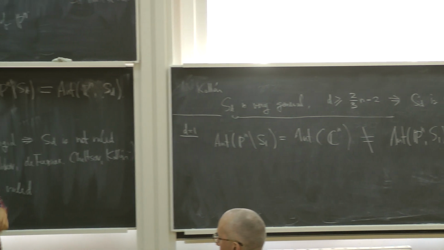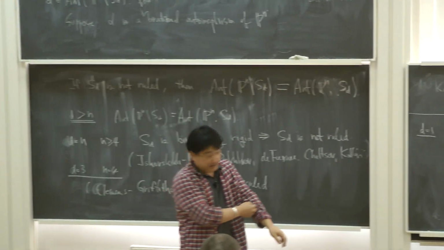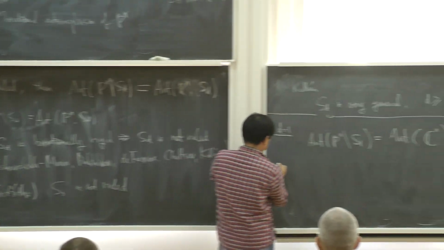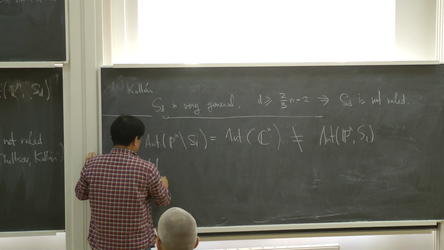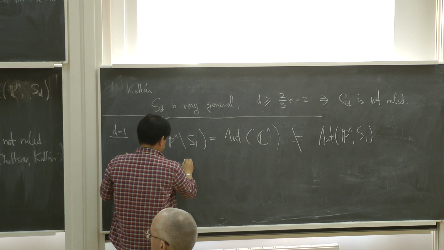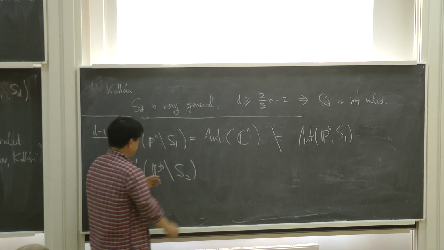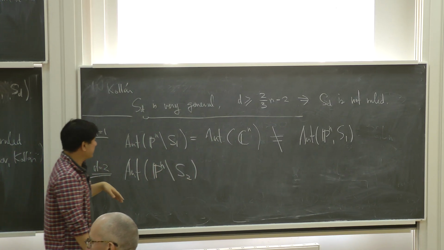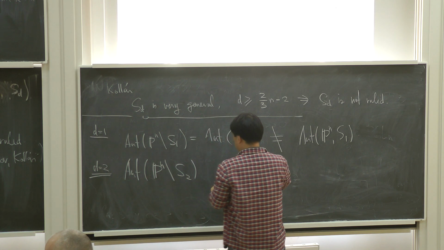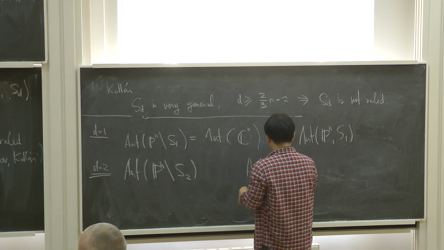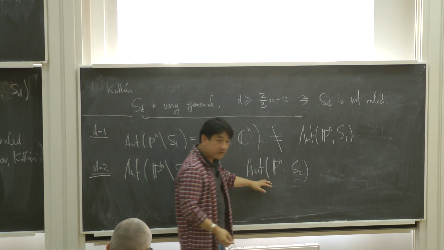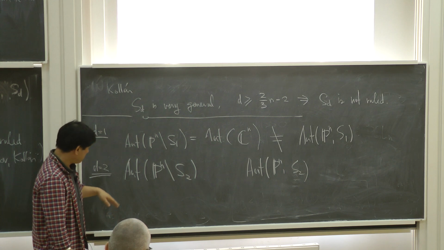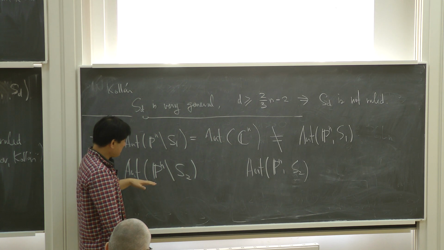All right, and the degree 2 case. We consider this. You remove the quadratic hypersurface, and you consider this. Again, this is finite dimensional, but this is not finite dimensional.